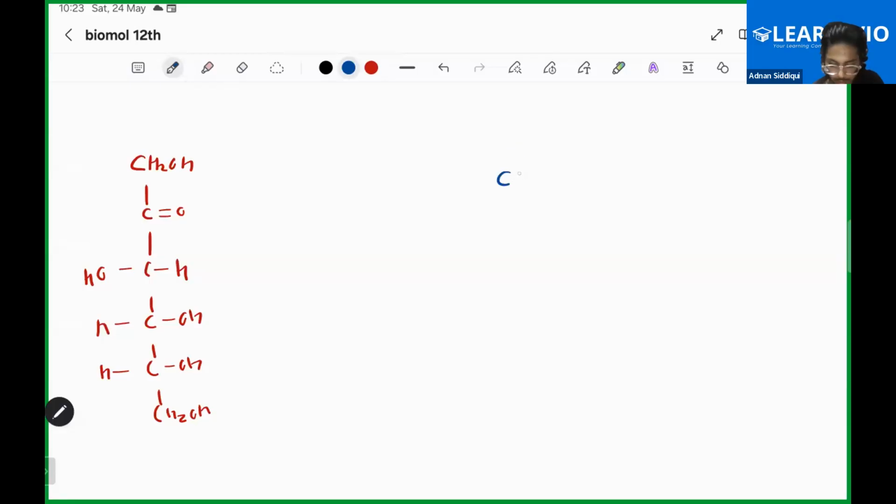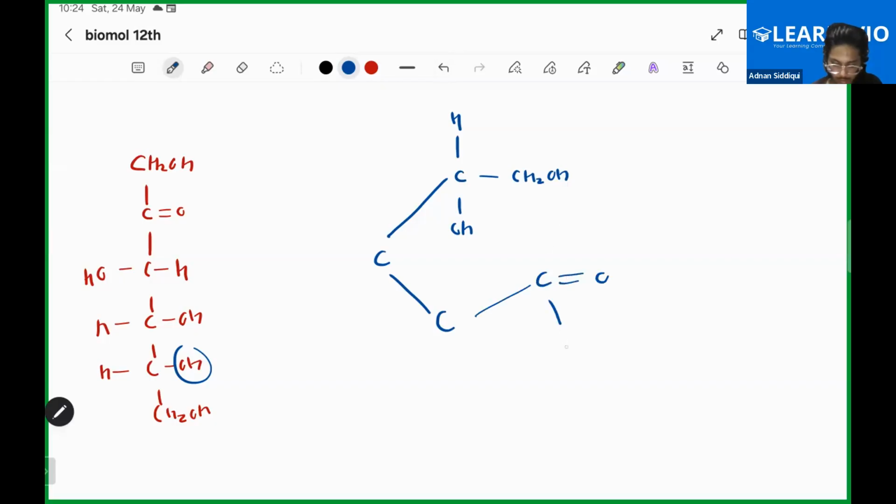We have our CH2OH here, this OH like this, or let me correct, it will be like this because this is at the right side. Carbon 1, 2, 3, 4, then this fifth, and this CH2OH. Right?